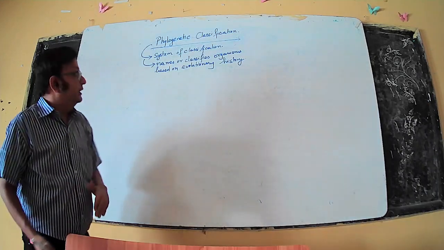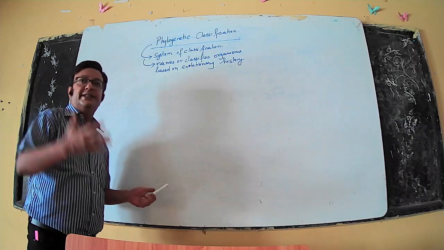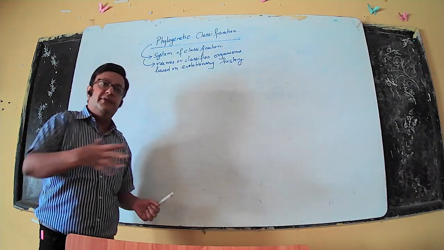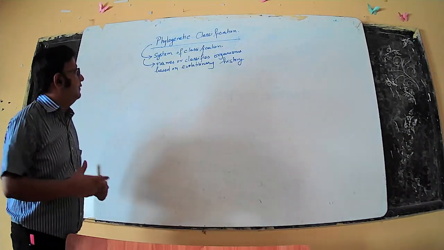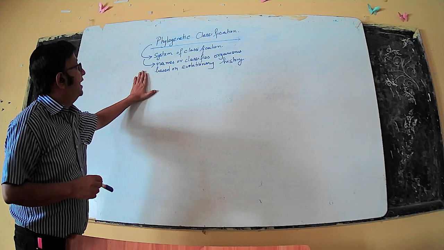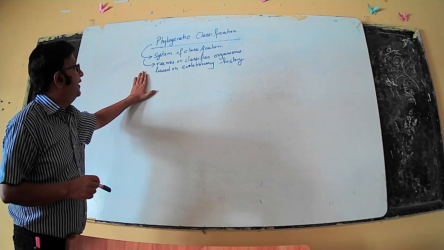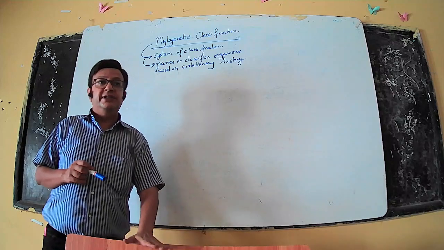This is what Darwin proposed. Then there is the survival of the fittest, and lots of theories along with Charles Darwin. So phylogenetic classification names or classifies organisms based on evolutionary history.